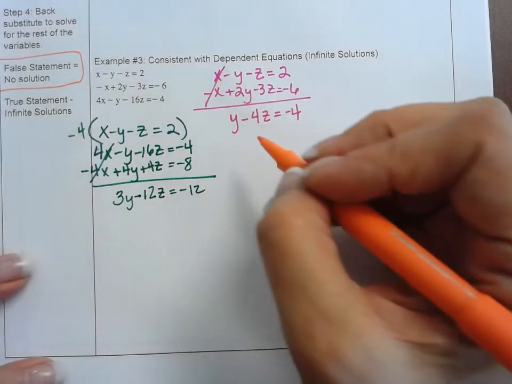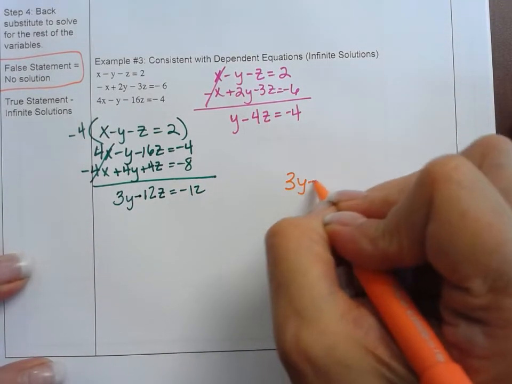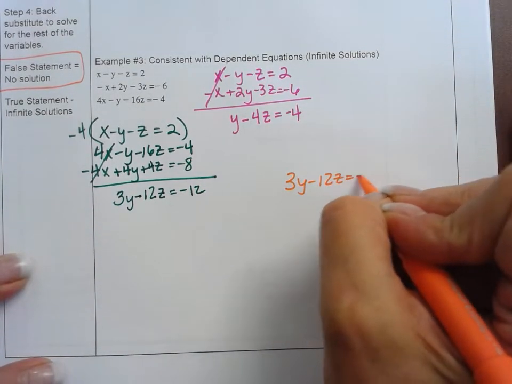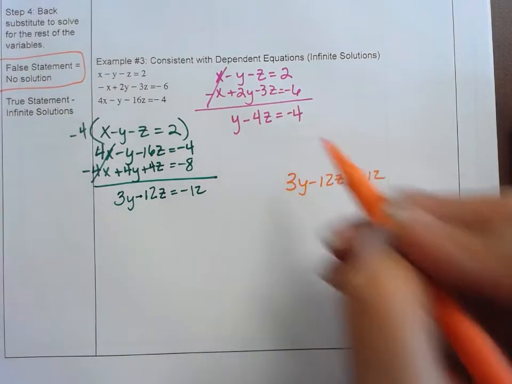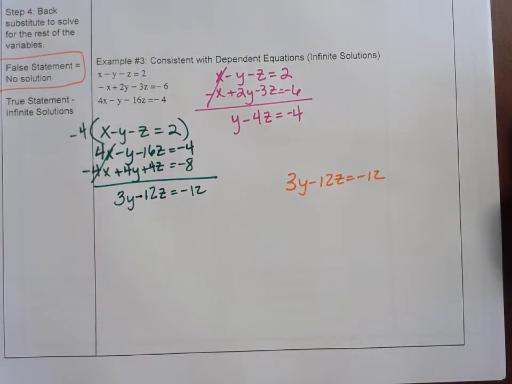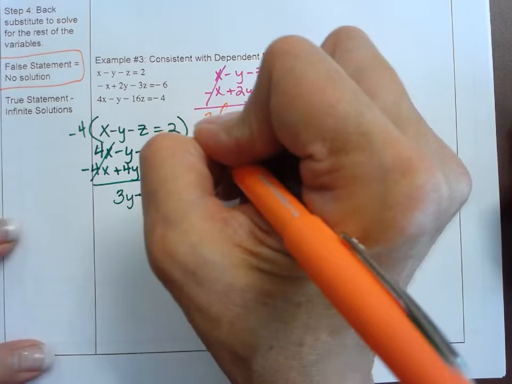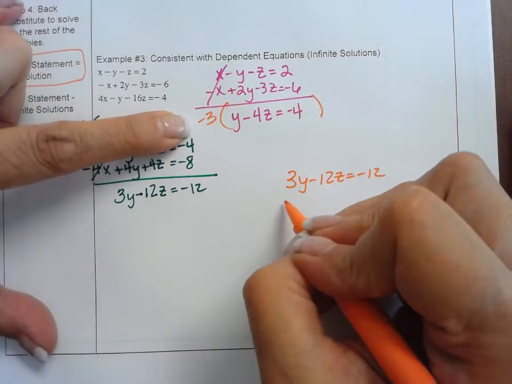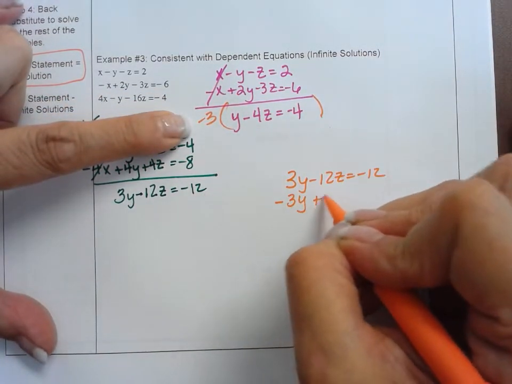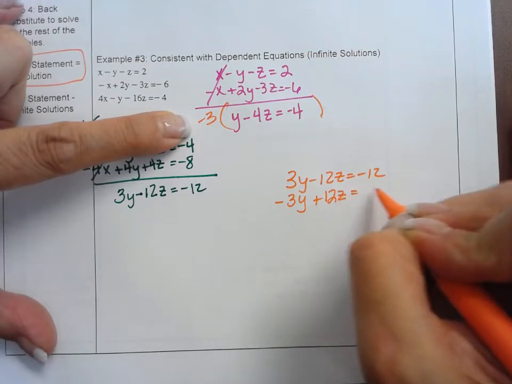So I got 3y minus 12z equals -12. So which one do you want to get rid of, y or z? Okay, let's multiply by -3. And I get -3y plus 12z is equal to 12.